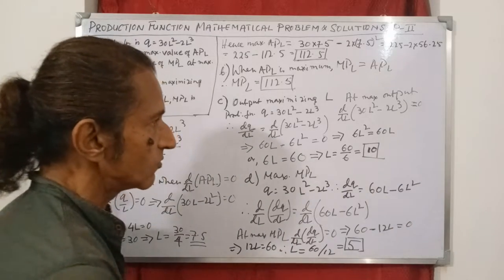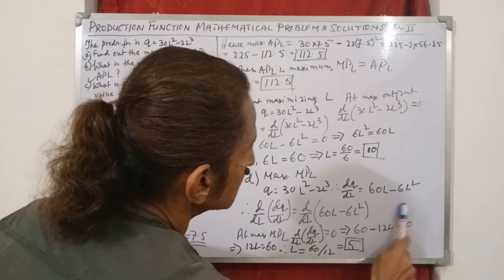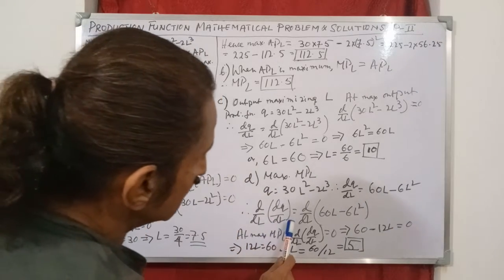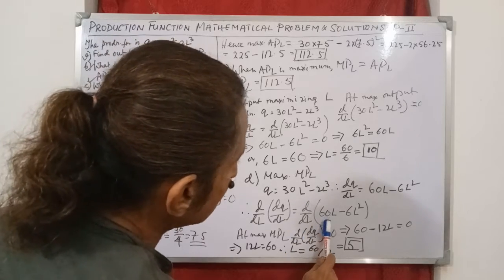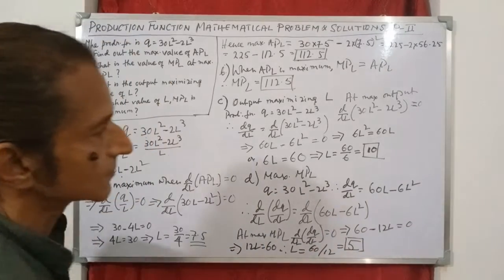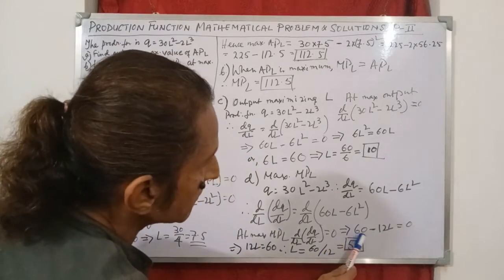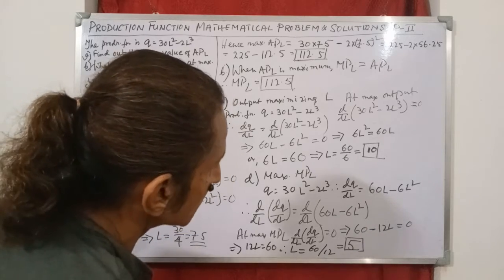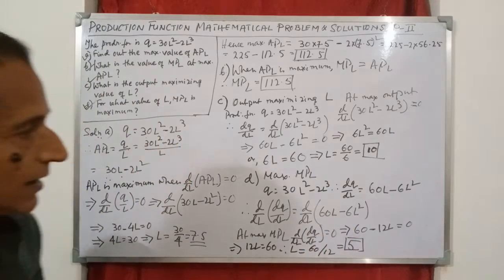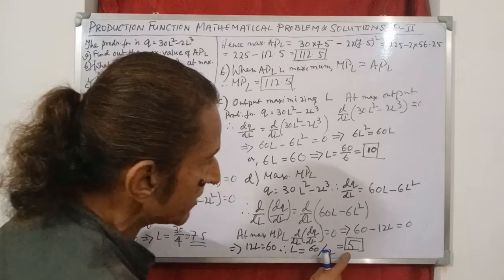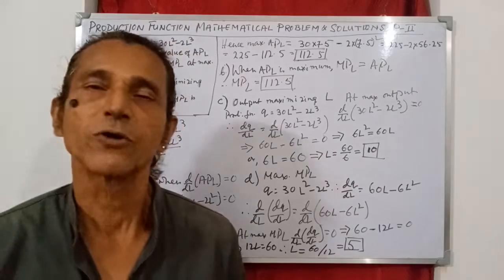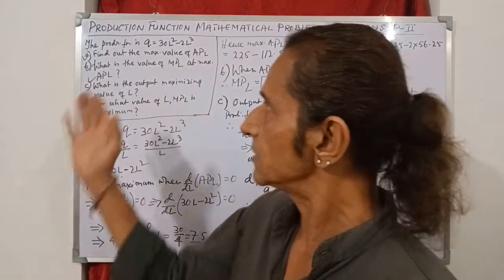Now MPL is maximum when d/dL of this is equal to 0. So d/dL of dQ/dL equals d/dL of 60L minus 6L square is 0. That is 60 minus 12L equals 0. We have differentiated 60L minus 6L square, and we have found out the value of L as 5. So when L is 5, MPL, that is marginal productivity of labor, is maximum. So all these 4 parts are solved.